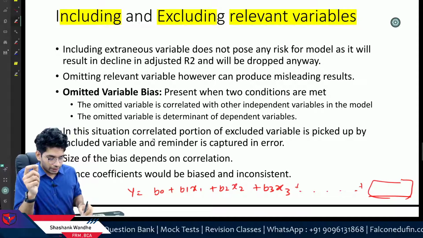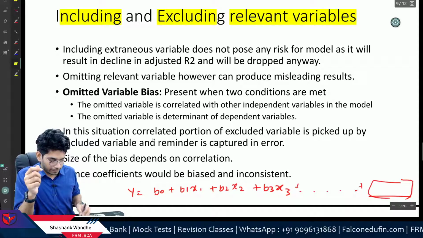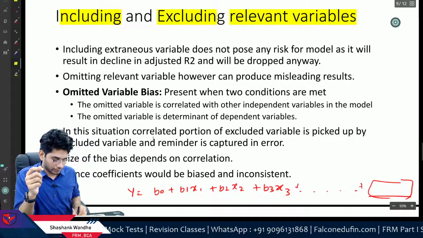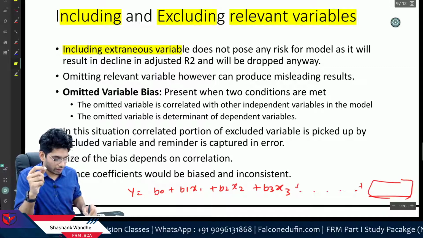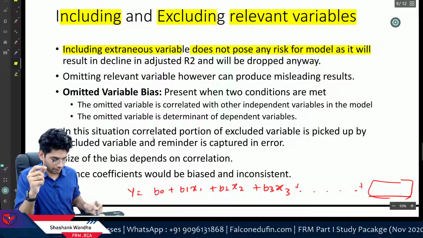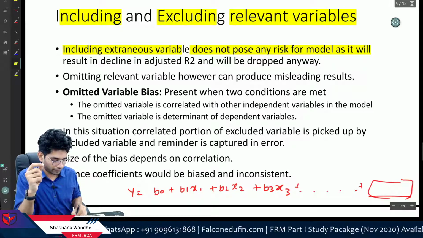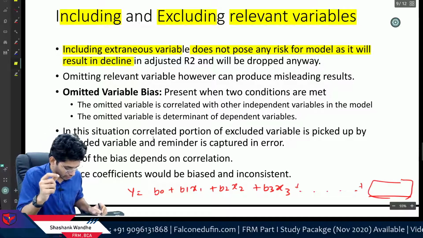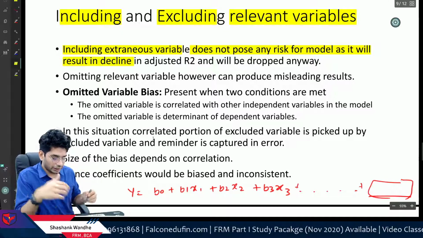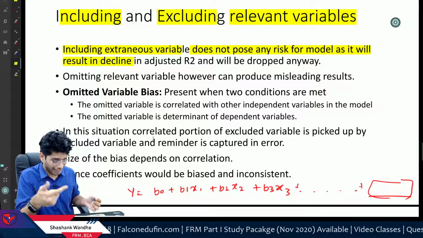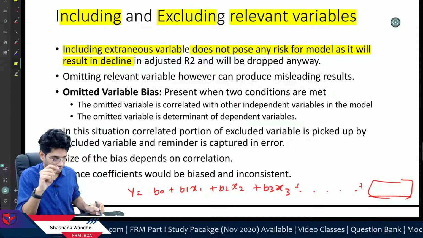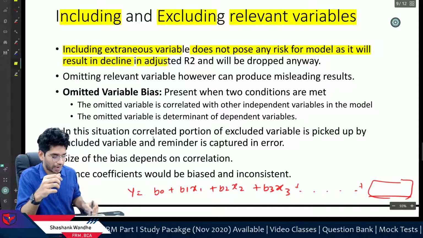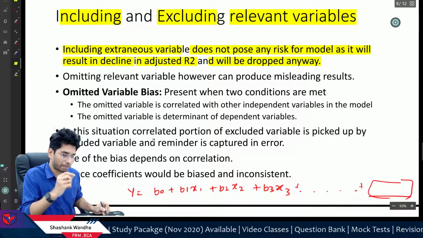Now here, first is this. Including the extraneous variable does not pose any risk for the model, as it will result in a decline in adjusted R square and will be dropped anyway.